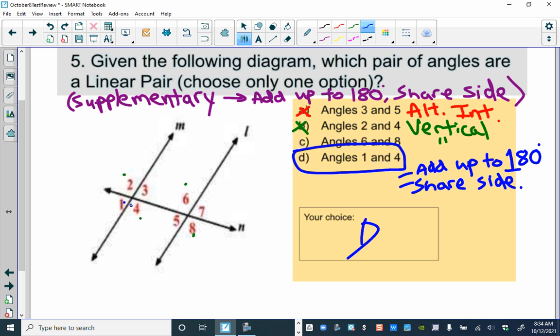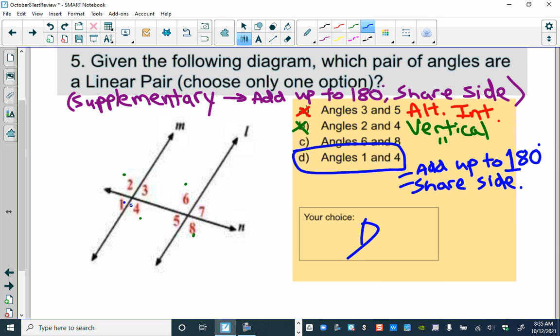How are we doing, everybody? Anybody have any questions up to this point? Again, you have to know these angle relationships. Because when we start doing these other problems later on today, along with Thursday, if you don't know those angle relationships, it's going to be a tough time on the test.